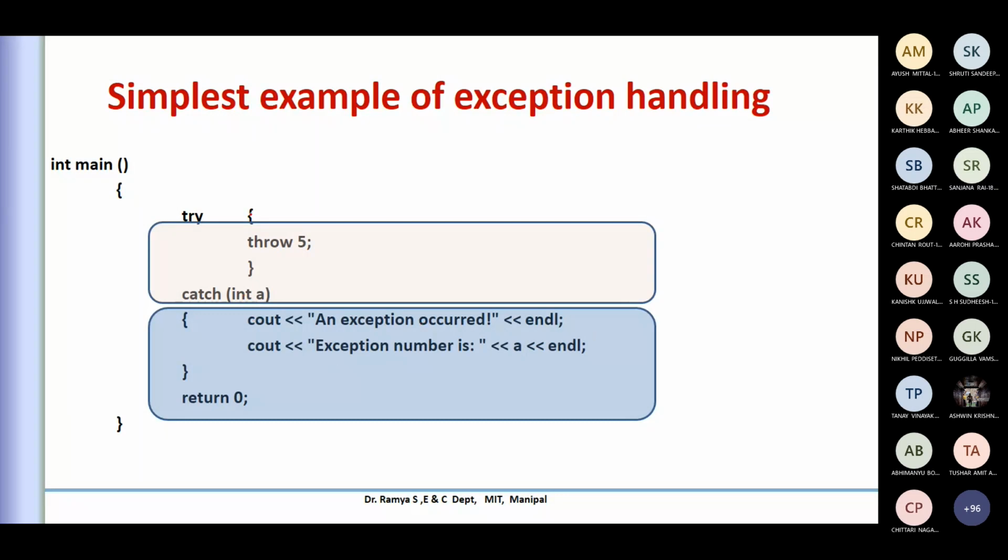This is the try block and this is the catch block. And return 0. Here we have not taken any error as a condition, just an example to execute this try block. That's all. This is how your program will be.